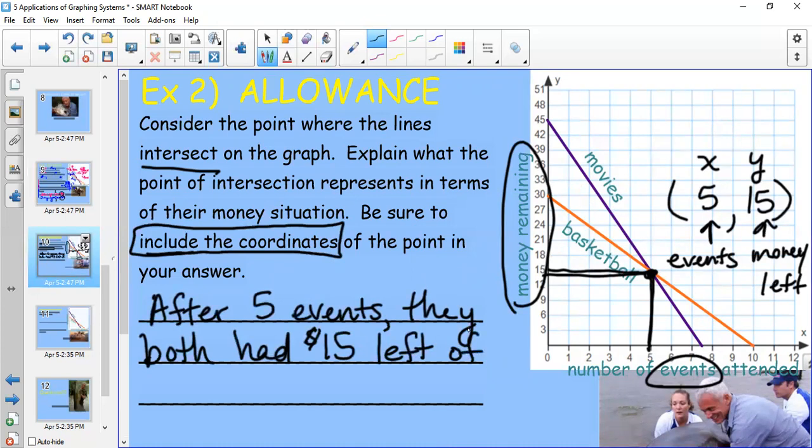You could even say of their allowance. But I am definitely looking for 5 events and $15 left, and something about them being the same. That is when they have the same amount of events and the same amount of money remaining.